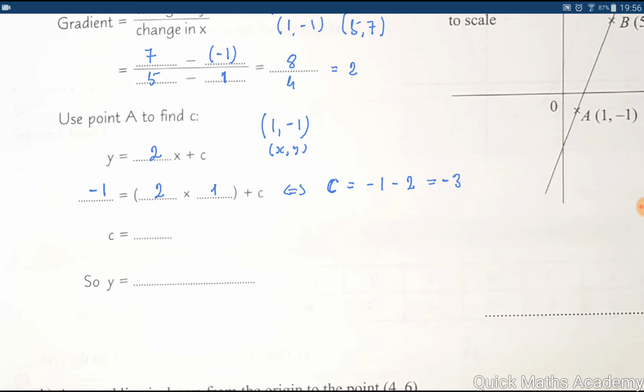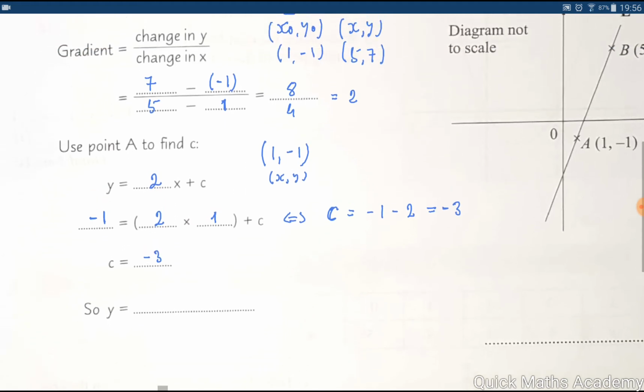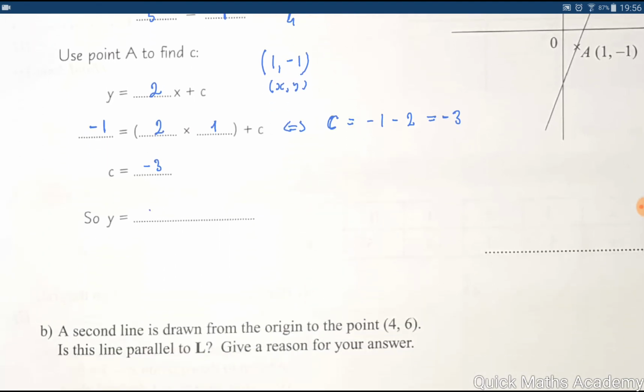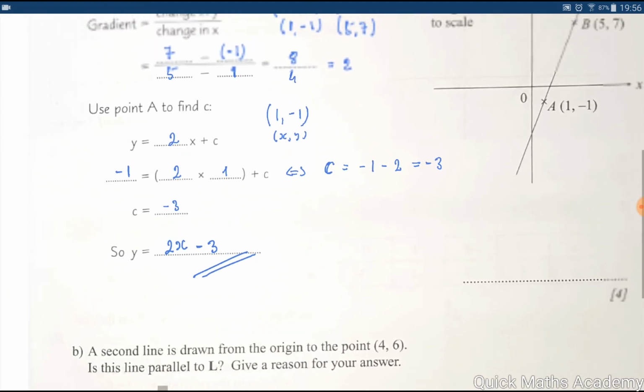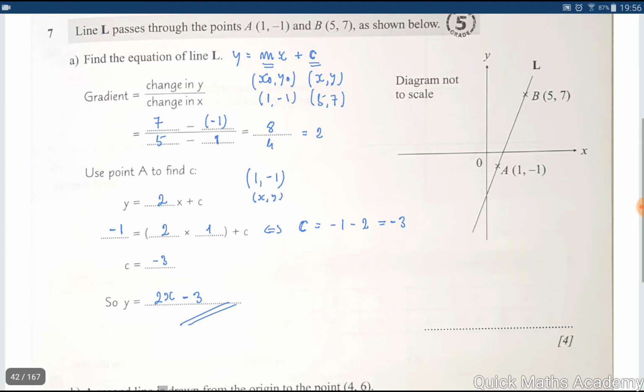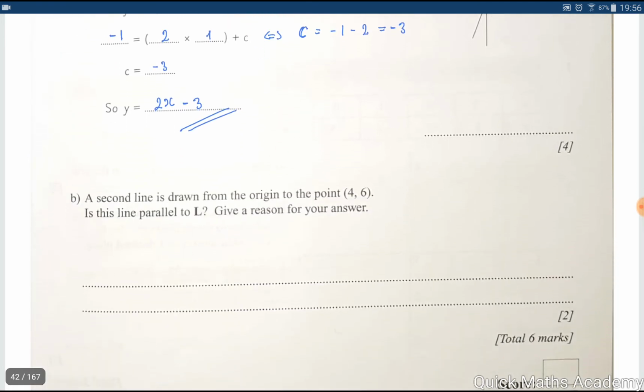So c is minus 3, so the equation of my line will be y equals 2x minus 3. And there you have it. Very easy. Nice method to calculate the gradient. Okay, let's move to the last one.